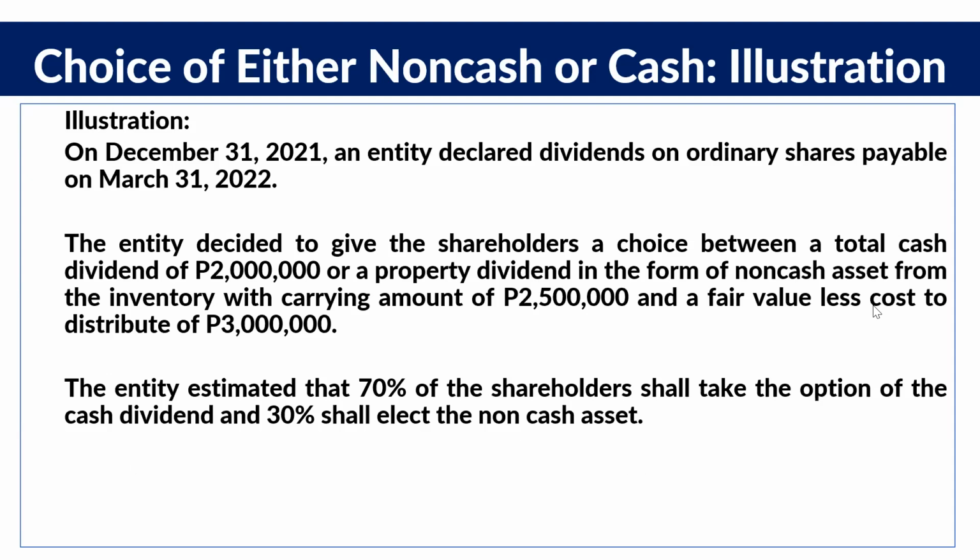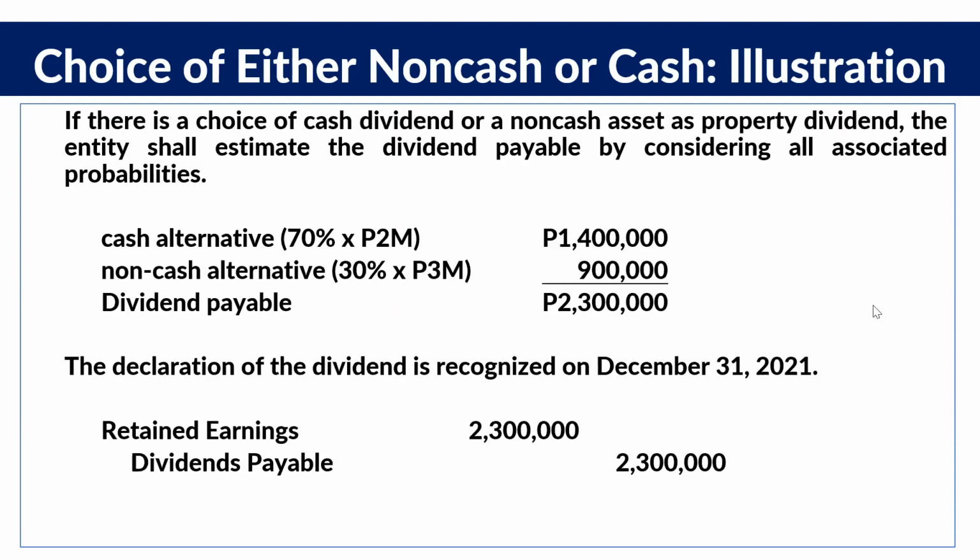Because this is the rule, or provision of the standard, on what the basis is when non-cash is given to the shareholders. So that is where the 3 million comes from. So 30% times 3 million, you have 900,000.